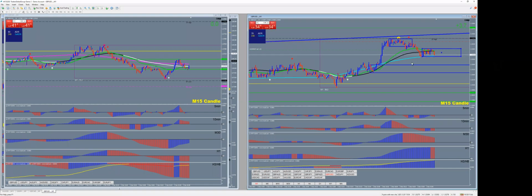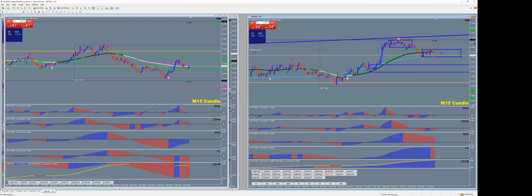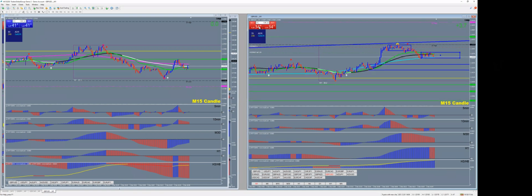All right, this is the 1 minute. It already gave an entry to go short again. Should have got up here, but that's fine. I'm waiting for the break of this.